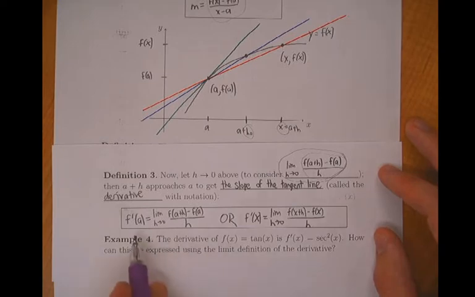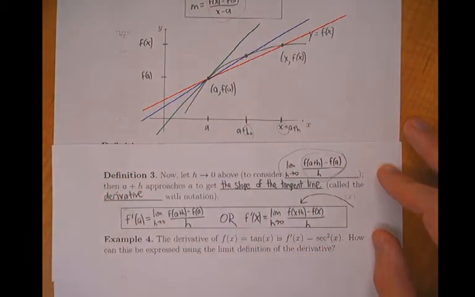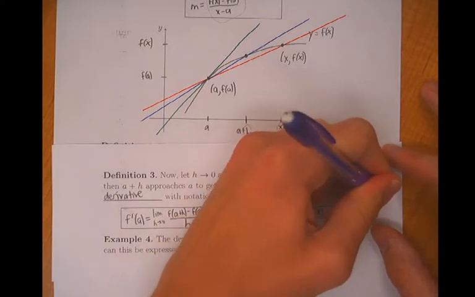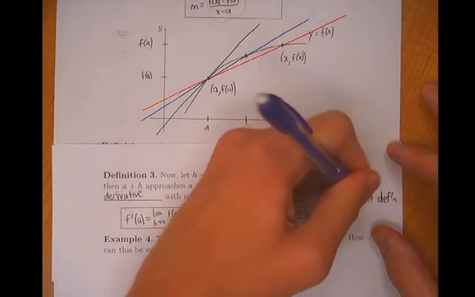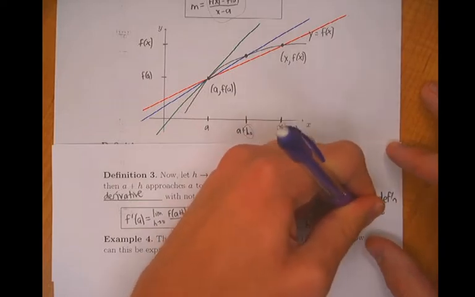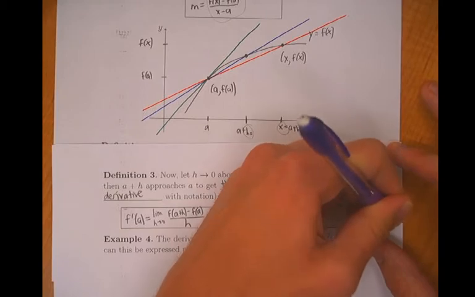These are two different ways of expressing the same thing. In this case, this is known as the limit definition of the derivative.